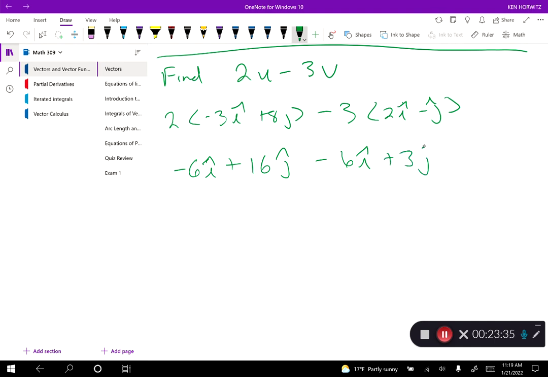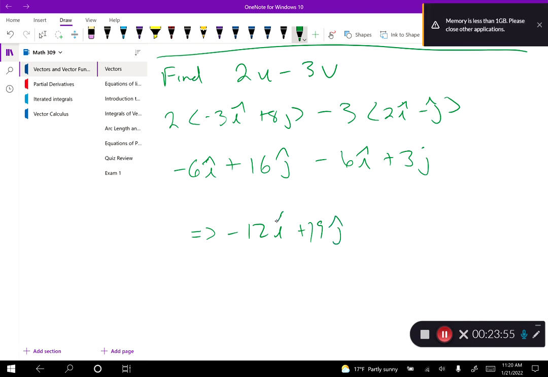And now I can combine my like terms. So I have -6i minus 6 more i gives me -12i. And I have 16j plus 3j, which is 19j. And there is my vector.